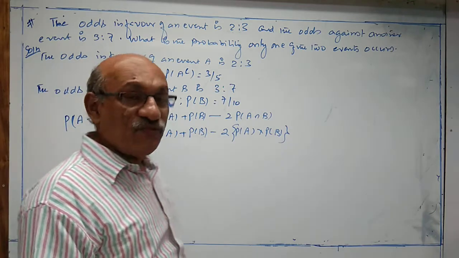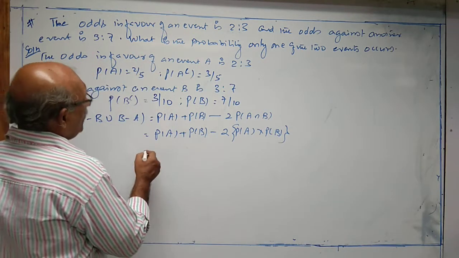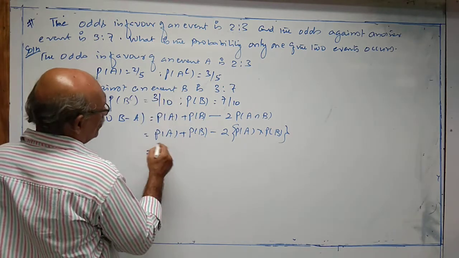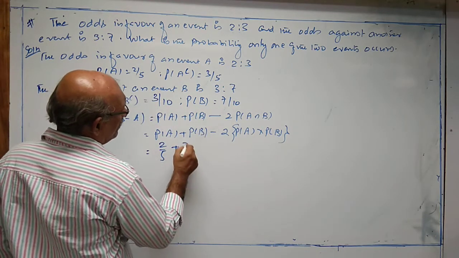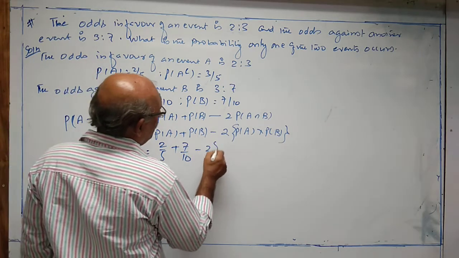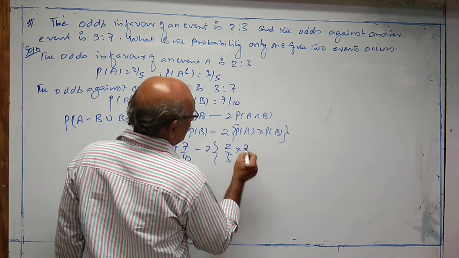P of A is equal to how much, beta? 2/5. P of B is equal to 7/10 minus 2 times 2/5 into 7/10.